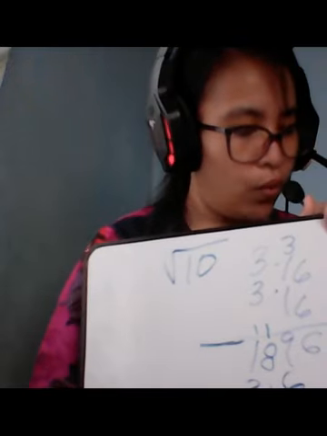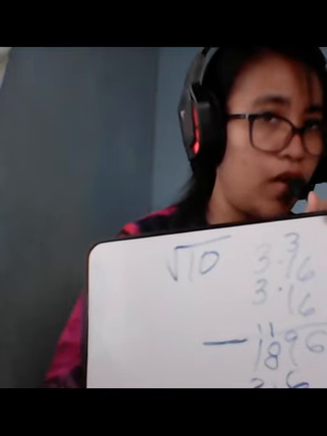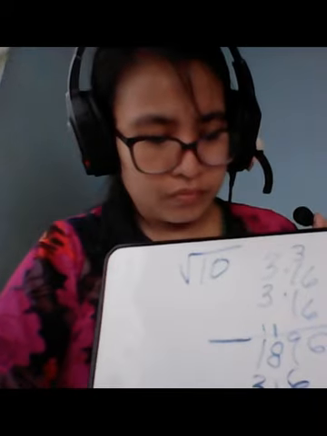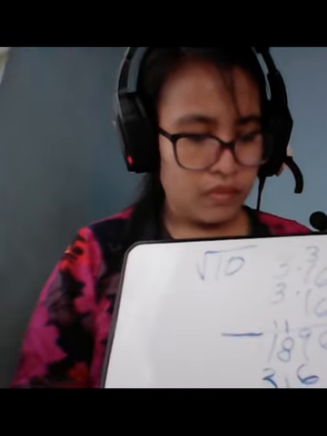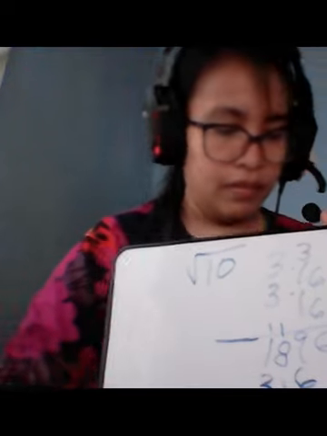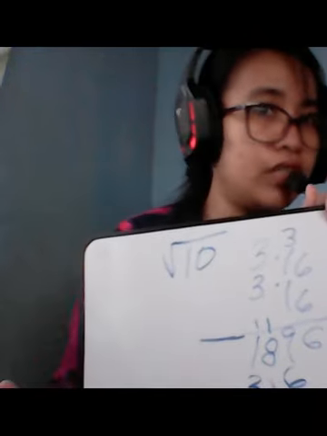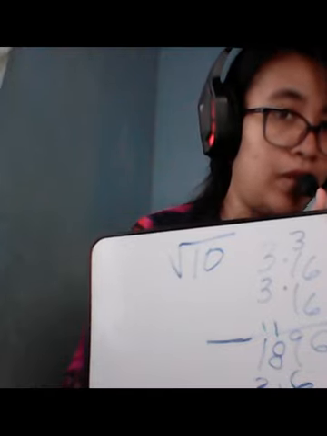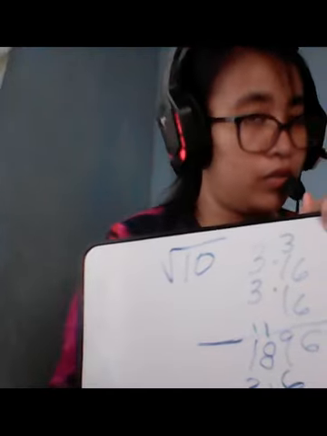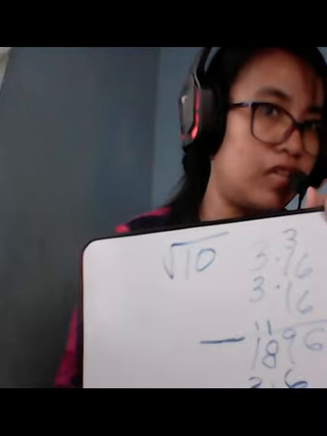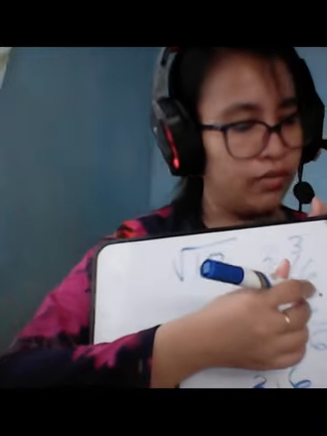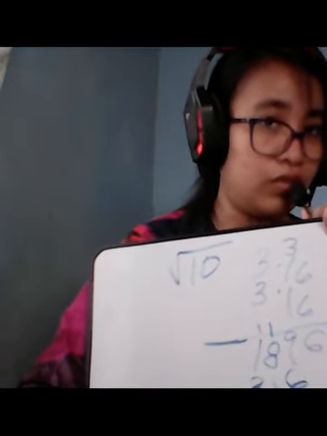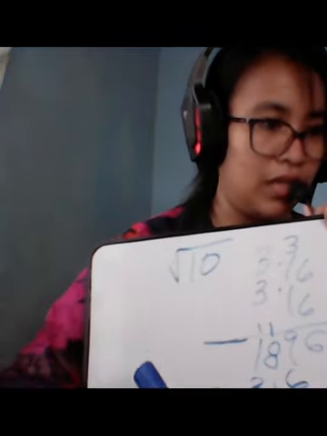Then we have 1 plus 1 is 2 plus 3 is 5 plus 4 is 9. Then bring down the 9. For the decimal places, you need to count how many decimal places you have when you multiply 3.16 by itself. So therefore, you have 1, 2, 3, and 4. So on your answer, you should have 4 decimal places.